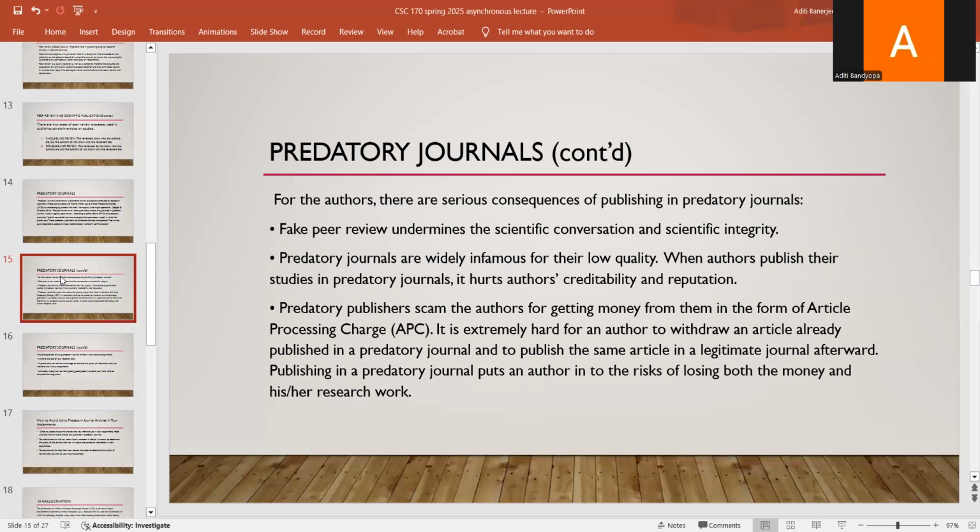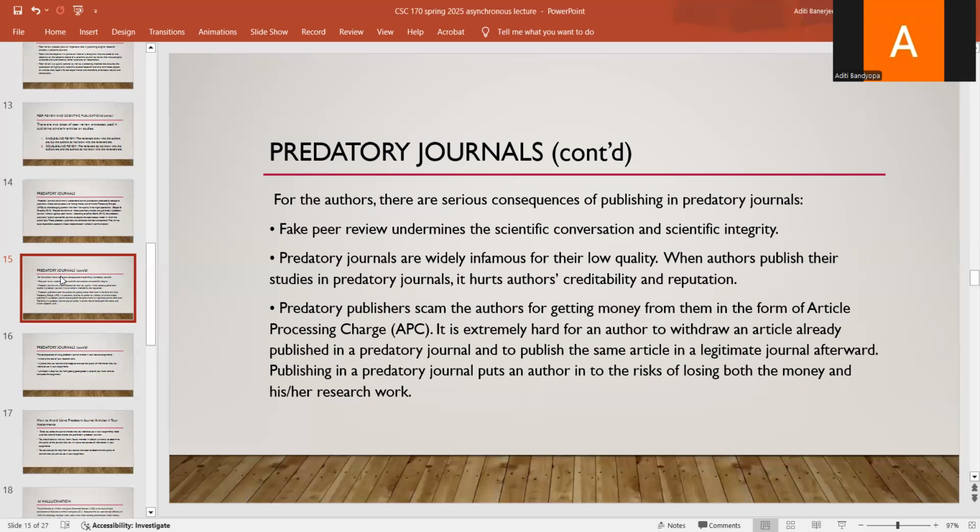When authors publish their studies in predatory journals, it hurts authors' credibility and reputation. Predatory publishers scam the authors for getting money from them in the form of article processing charge or APC.